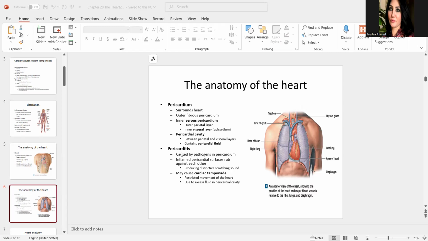The pericardial inflammation also commonly results in increased production of pericardial fluid. Fluid then collects in the pericardial cavity, restricting the movement of the heart. This condition is called cardiac tamponade, and it can also result from traumatic injuries such as stab wounds that produce bleeding into the pericardial cavity.